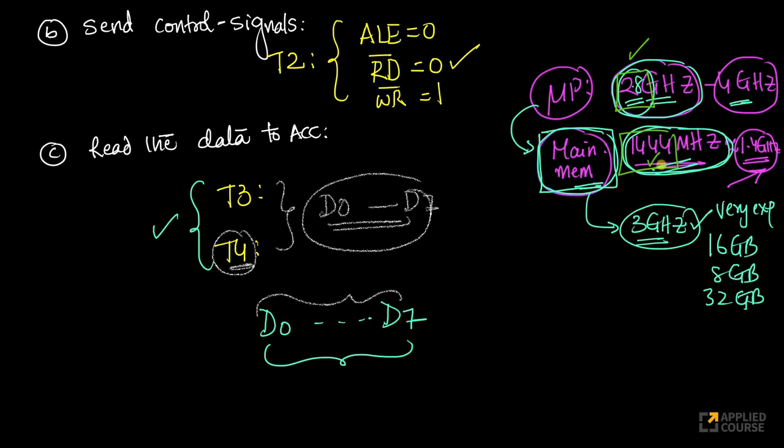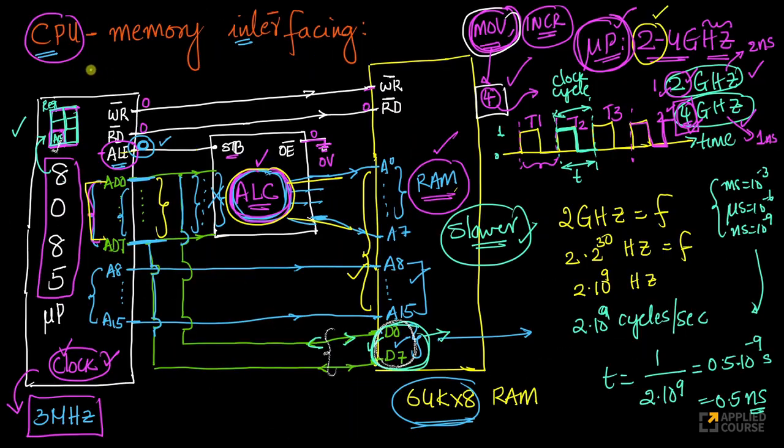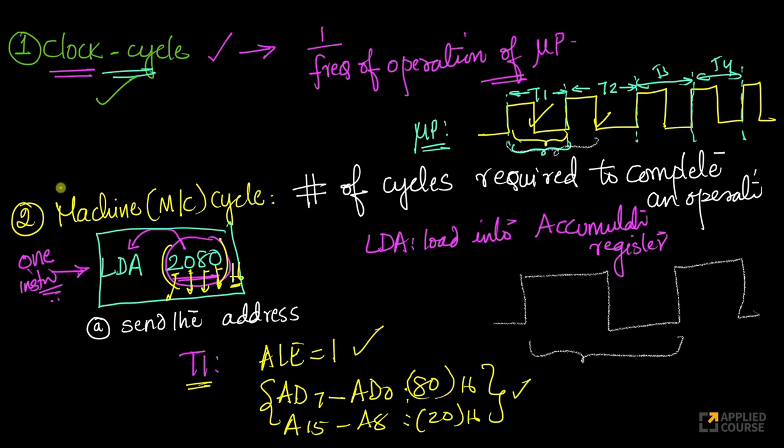Of course, faster RAMs are coming into the market, but they're very expensive. So this is how memory-CPU interfacing works, and this is the clock cycle logic. This is the machine cycle for transferring data from memory to a special register called the accumulator.